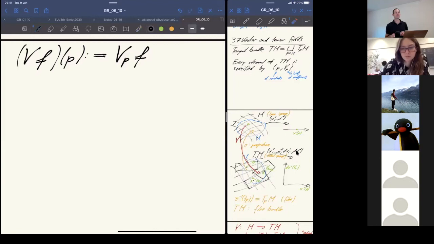So this would mean that we define on the tangent bundle an addition or a subtraction, which again would mean that we would in a way or another compare two vectors of two different tangent spaces.